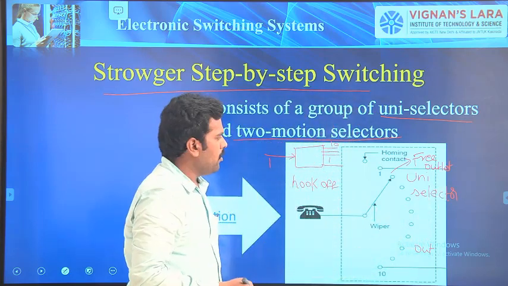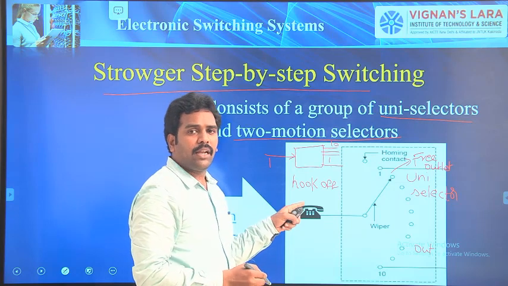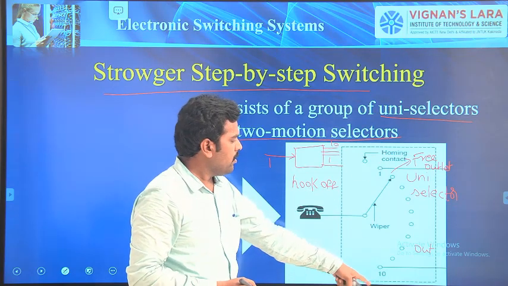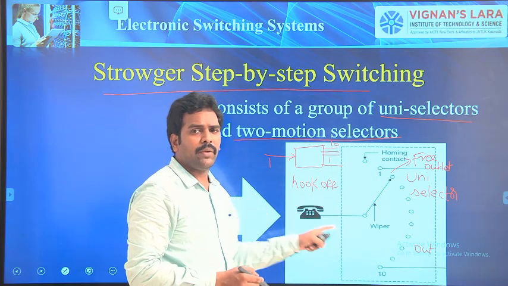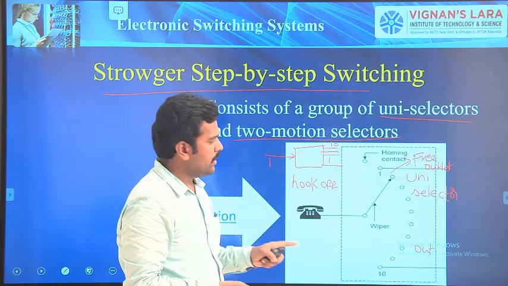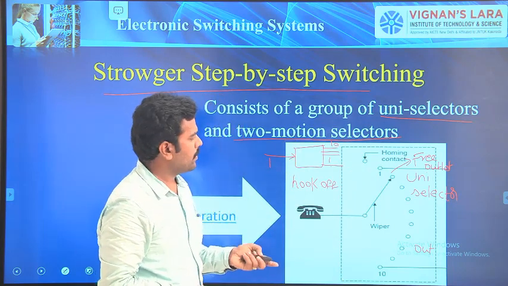What happens if all outlets are busy? In that case, the subscriber cannot get a connection. Until one of the outlets is free, only then can we establish a connection between the calling and called subscriber. Okay, this is the operation of a uniselector switch.